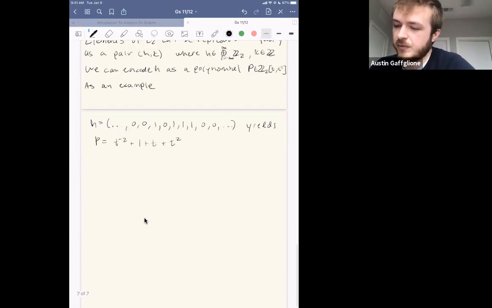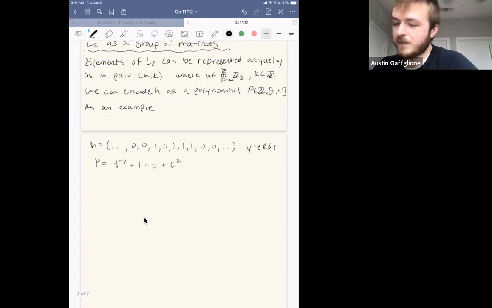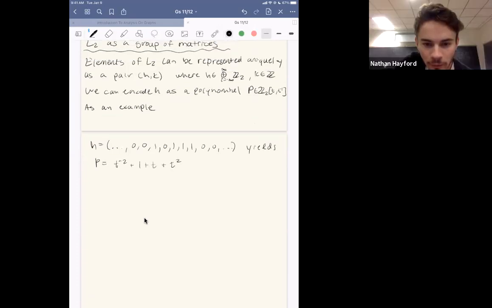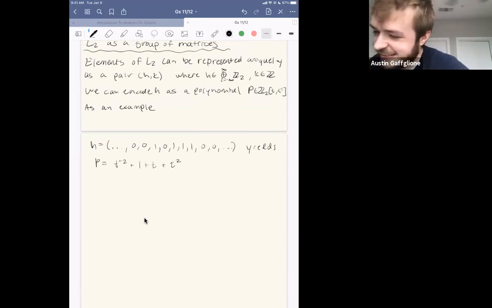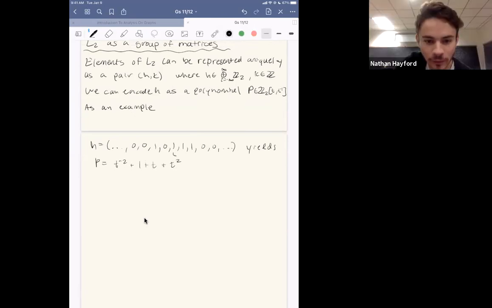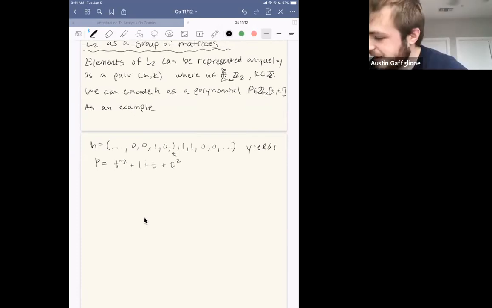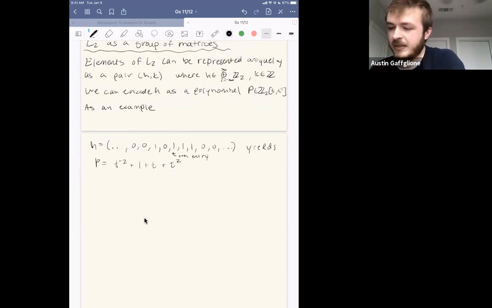I should specify, the 0th entry is going to be the first one from the 3 consecutive ones. So yes, T to the -2. So instead of viewing H as this bi-infinite ordered pair, I can view this as a polynomial with integer powers.